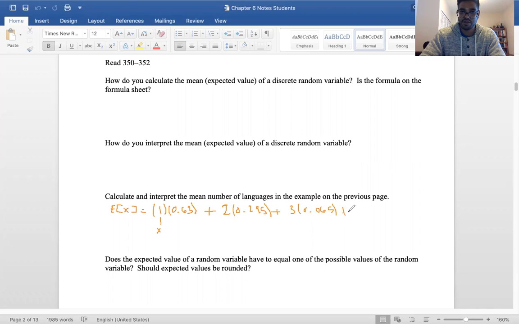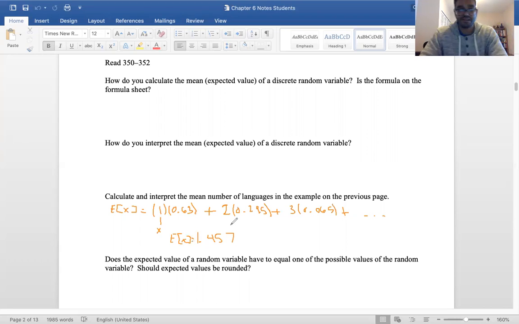Go all the way to the end, dot, dot, dot, and you end up with 1.457. So this is your expected value, E of x is equal to 1.457.